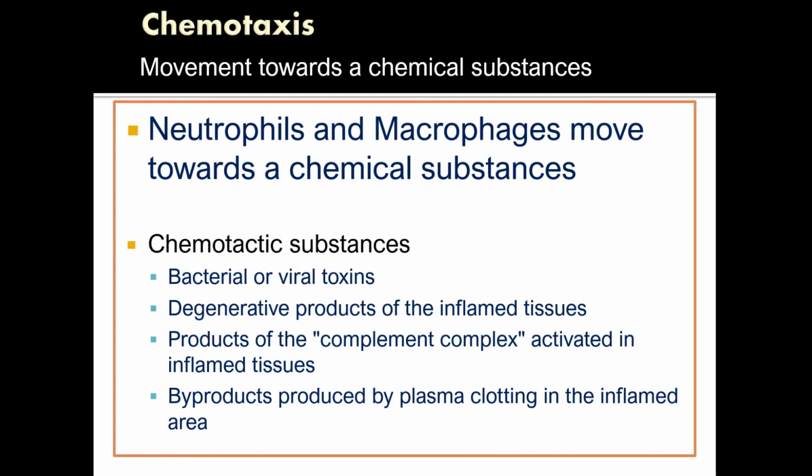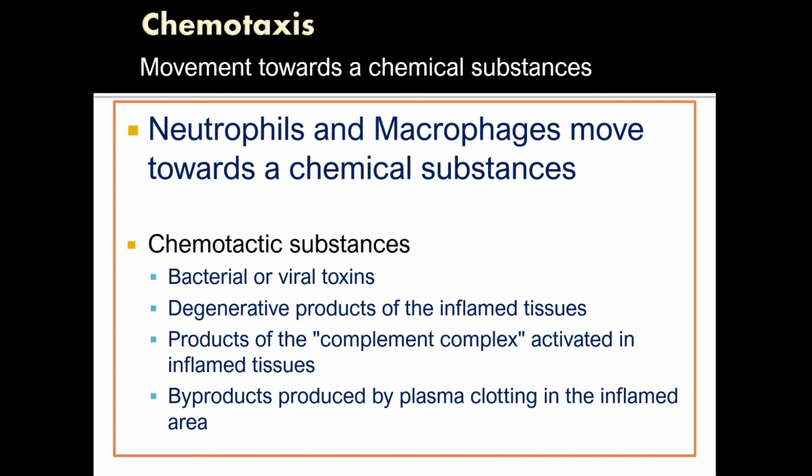And what are these chemotactic substances? These are bacterial or viral toxins and degenerative products of inflamed tissues, because whenever there is inflammation there is some degeneration and release of different substances. And the product of the complement complex activated in inflamed tissue.